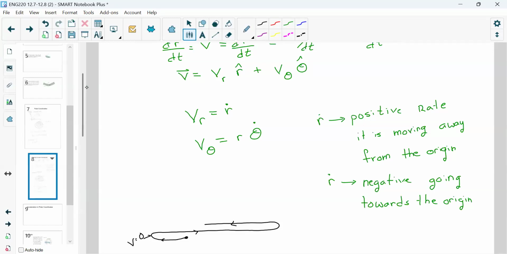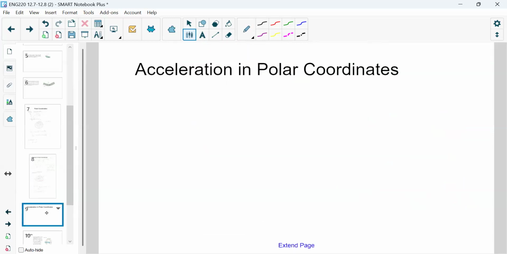All right, let's now talk about acceleration when we are looking at acceleration in our polar coordinate system. We know the acceleration is basically the second derivative, correct? And so we've already learned that acceleration is going to be d by dt. Let's write it this way, because I think it'll make more sense.